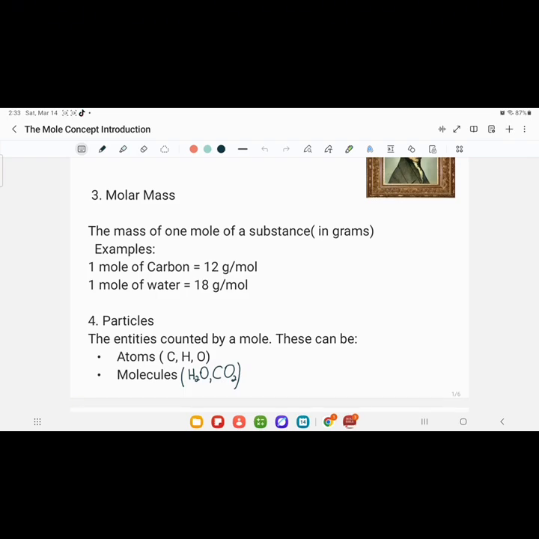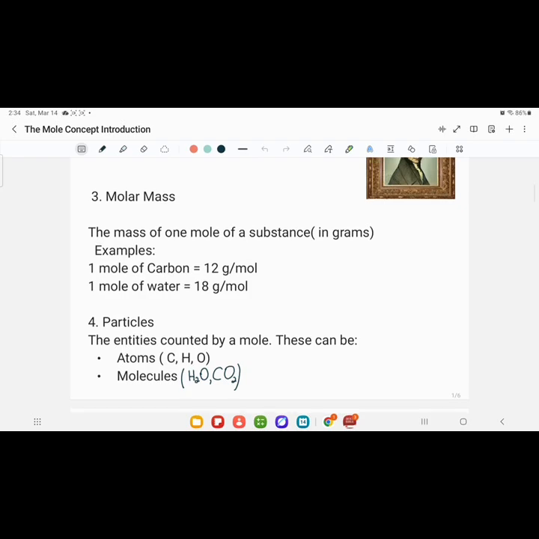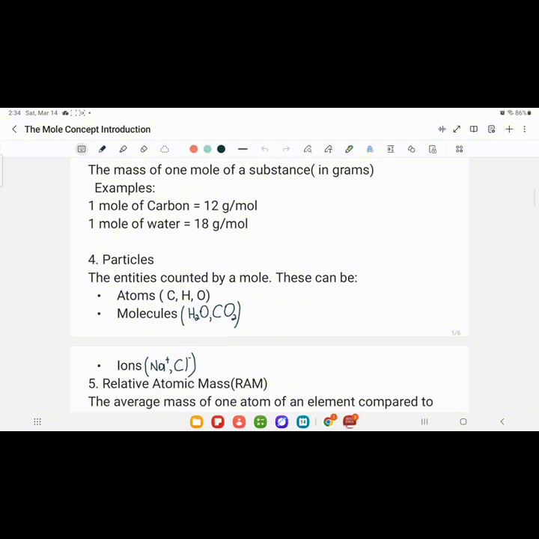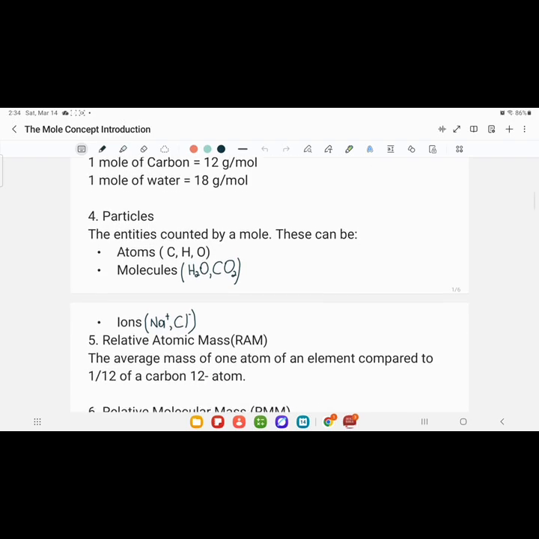If I have 1 mole of water, it is considered to be 18 grams of water within that 1 mole. Particles, as previously said, are just entities counted by a mole. They could be atoms, molecules, or ions.